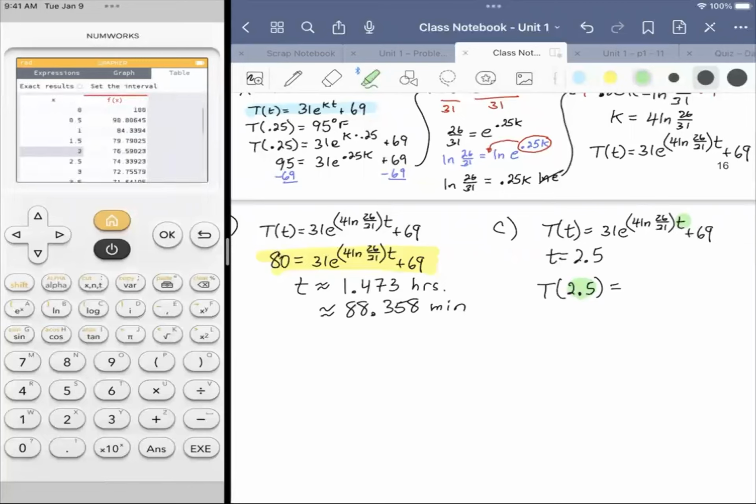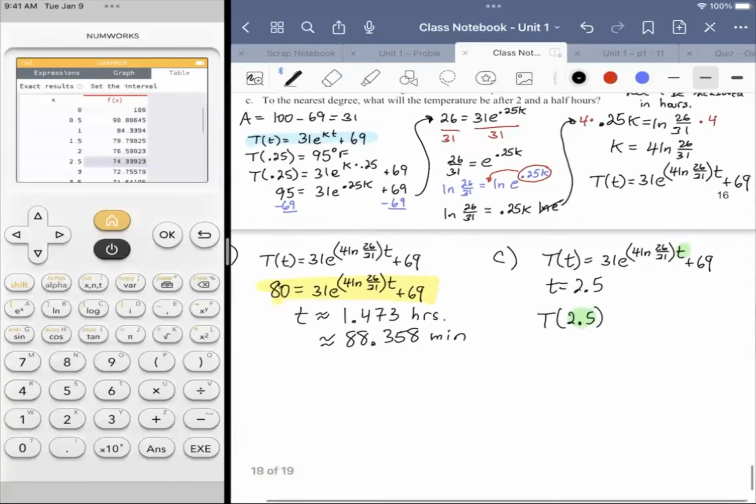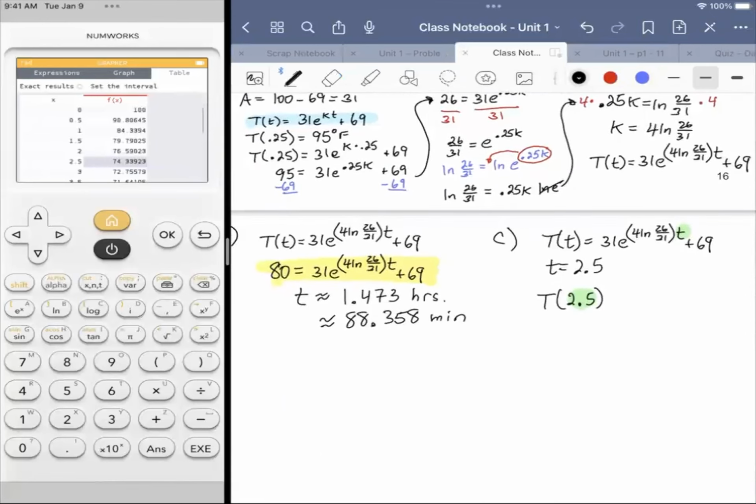Then I can go down and see where 2.5 corresponds to in terms of temperature. That gives us about 74.339, and that's going to be about 74 degrees.